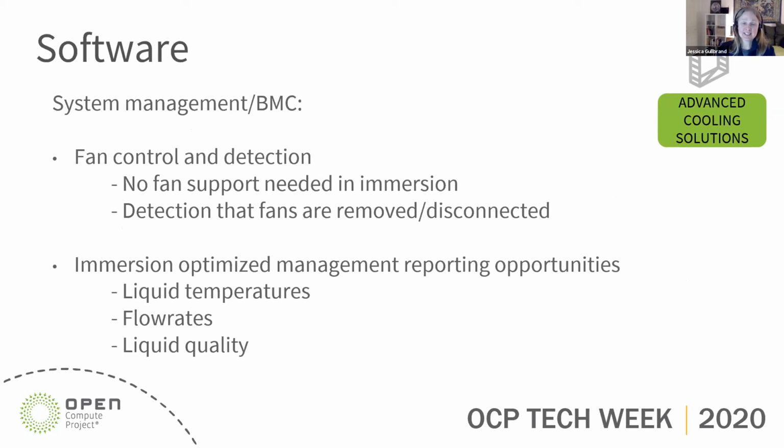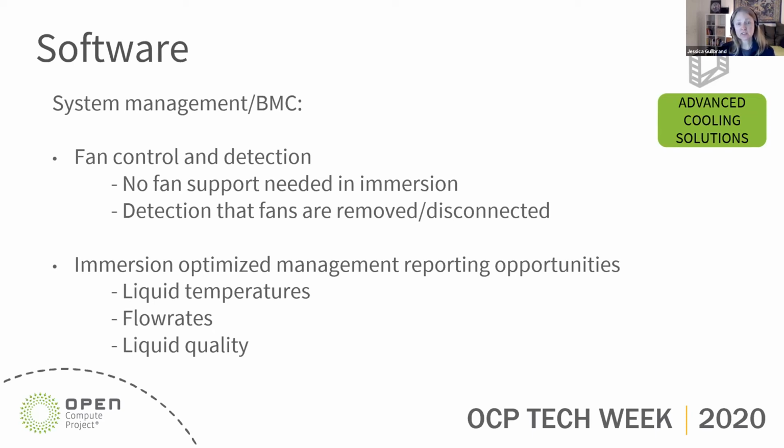Of course, you still need the IT equipment to be functional, right? So there need to be capabilities to detect that the fans have been removed and that the cooling is still there and provided, so you can still operate your IT equipment.